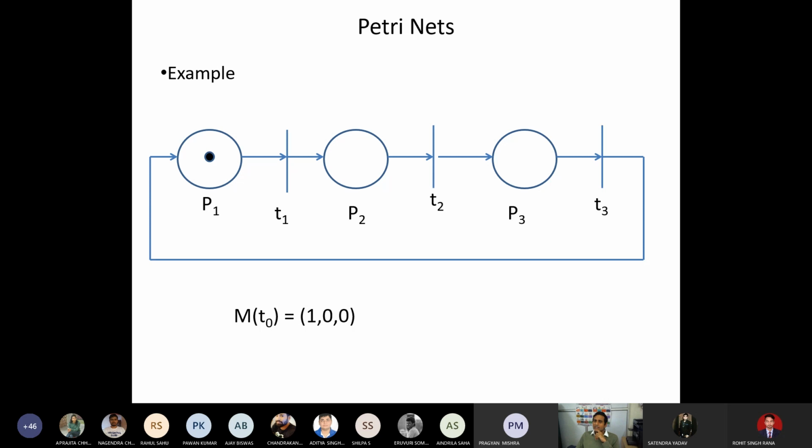So now you can see it is something like a time sharing system, or a round robin system. These actions are carried out sequentially. First T1 is fired, then T2, then T3, and then T1 again. So some of these processings are carried out in a round robin fashion.